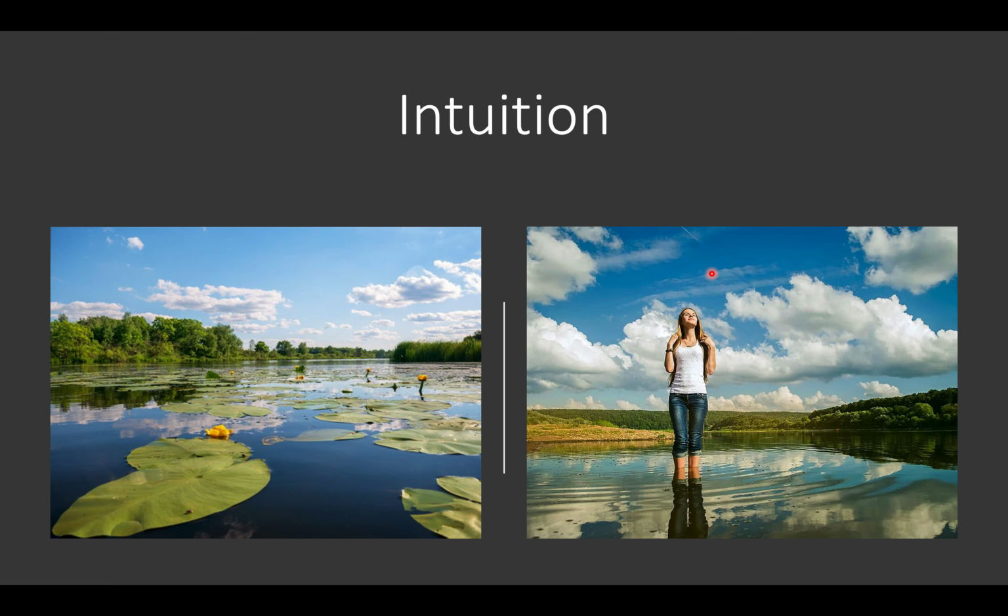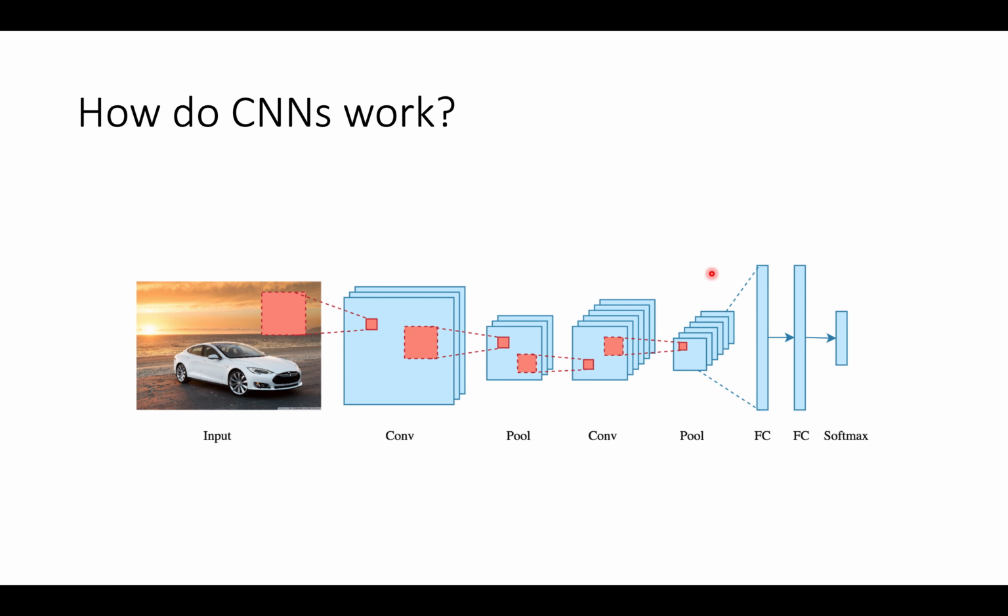So now that we know the intuition behind a convolutional neural network, the question that arises is how do CNNs work? Convolutional neural networks, as the name says, are neural networks that are composed of multiple layers of artificial neurons.